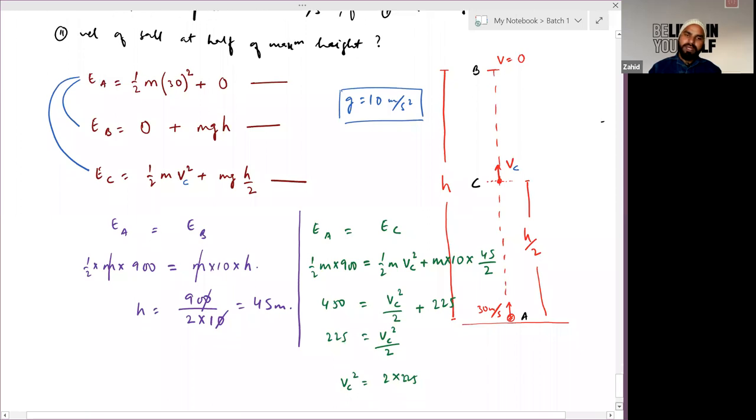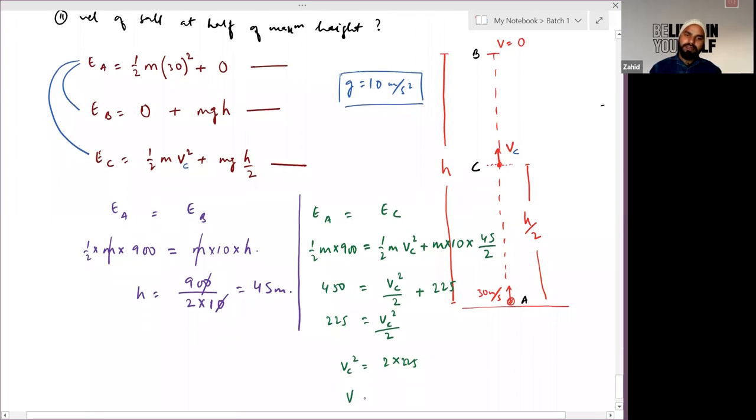So move the square to the other side, and you will get velocity at C equal to the root of 2 into 225. The square root of 225 is 15, so it is 15 root 2 meters per second. So this will be the final answer for the velocity at point C.